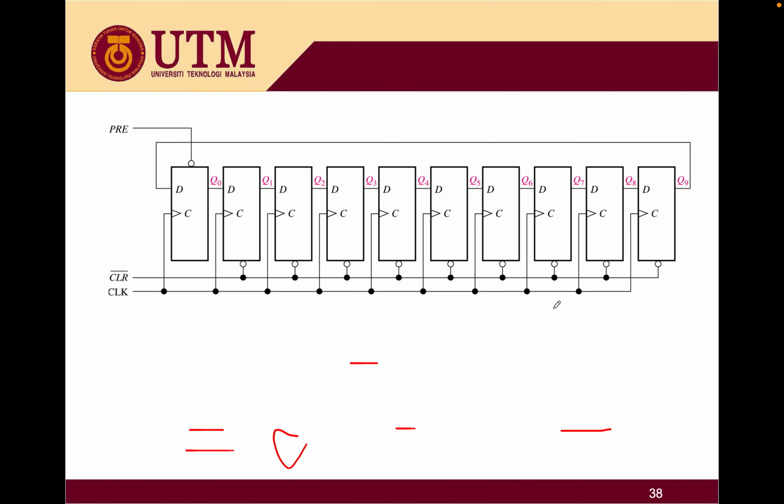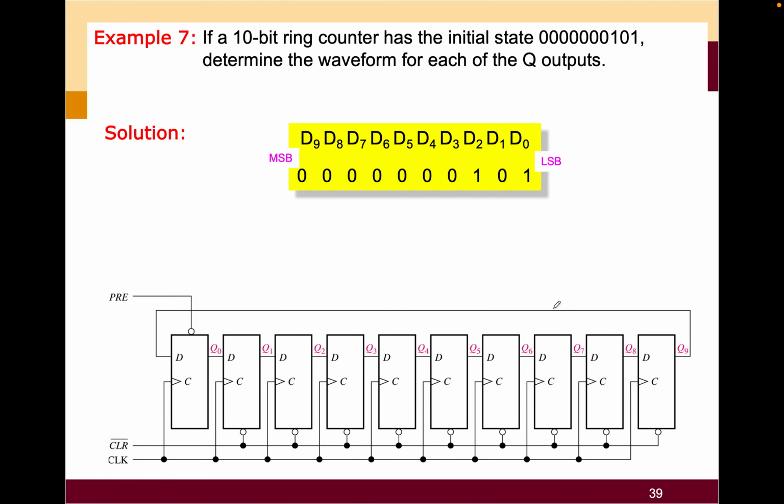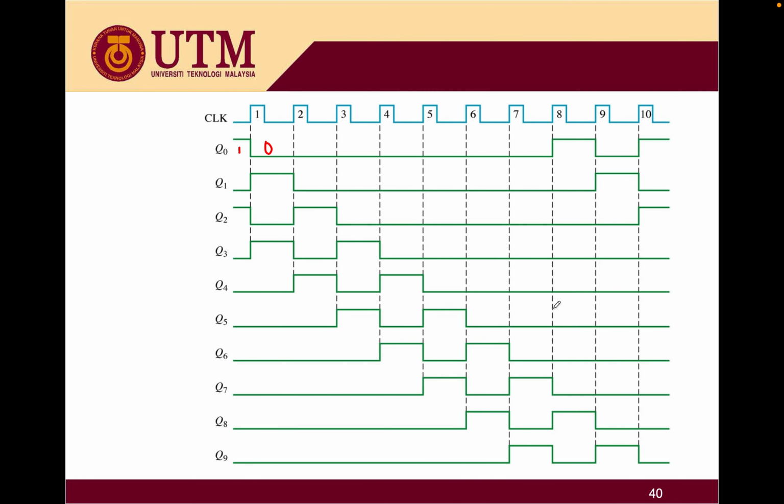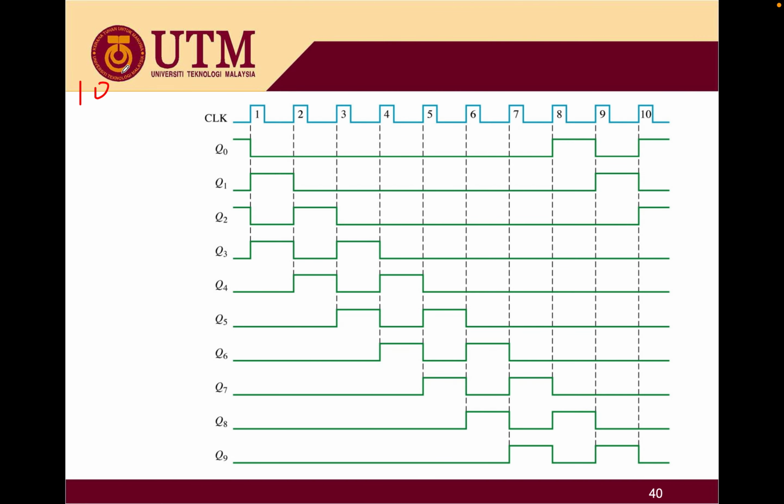Okay, so this is what happened here. At the initial value, your LSB supposedly is 1 0 1 0 0 0 0. So here initially at the start nothing happens, but at the positive clock your Q0 will be 0.